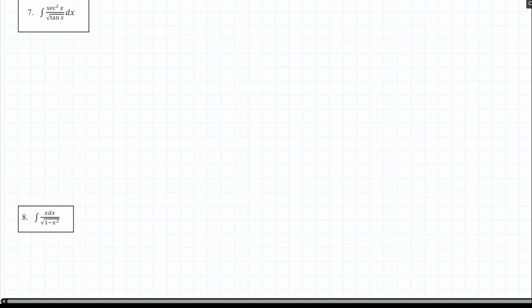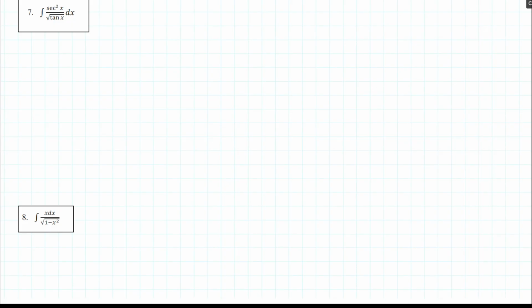Here in this problem, we can see the derivative of tan x is secant square x, so that is available here. So you can choose u equal to tan x, then du equal to secant square x dx, or dx equal to du over secant square x.